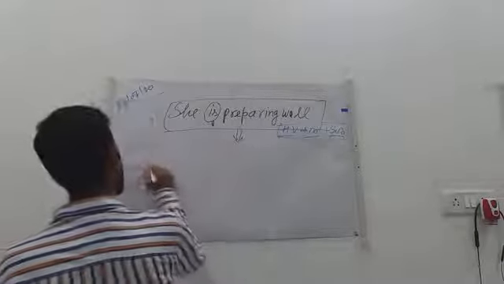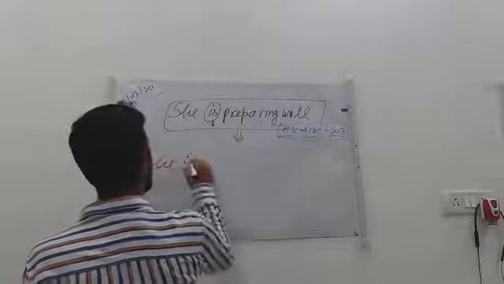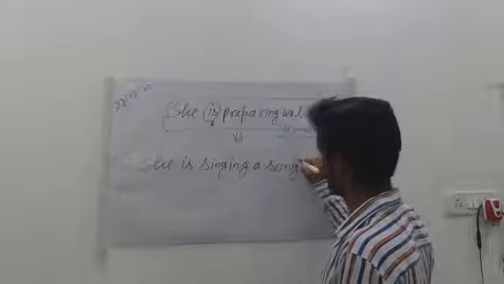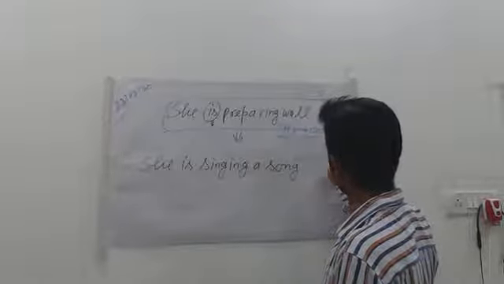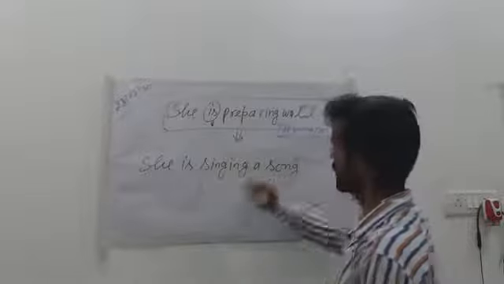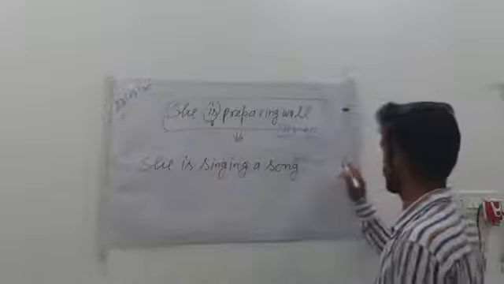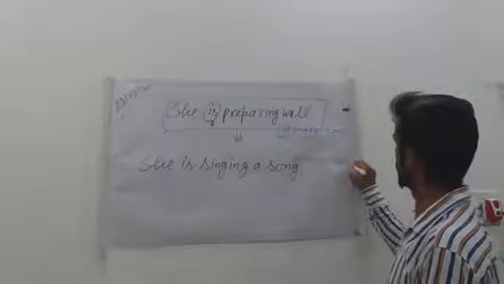This was the second example, and the third example is: you are playing cricket, or she is singing a song. This is a sentence and we have to convert it into a question tag. Then the formula may be helping verb, then not, because not is not written here, then subject, then question mark.